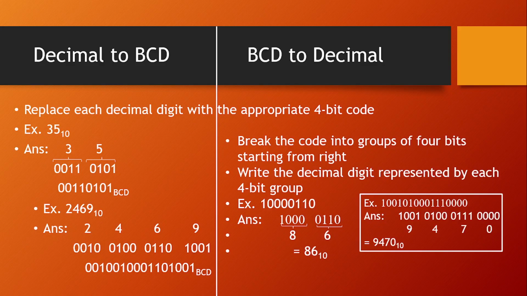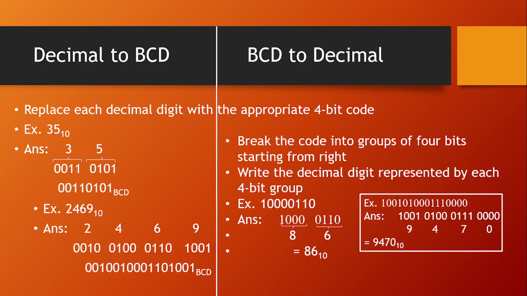Exactly reverse the process and we can convert a BCD number to a decimal. What we have to do is break the code into groups of 4 bits starting from the right. Remember that we have to start from the rightmost digit and break it into 4 bits. So let us solve one example.